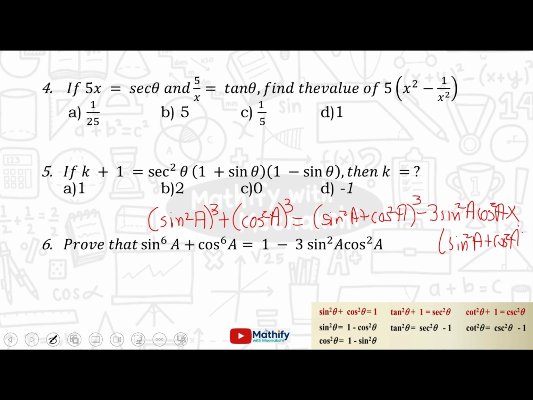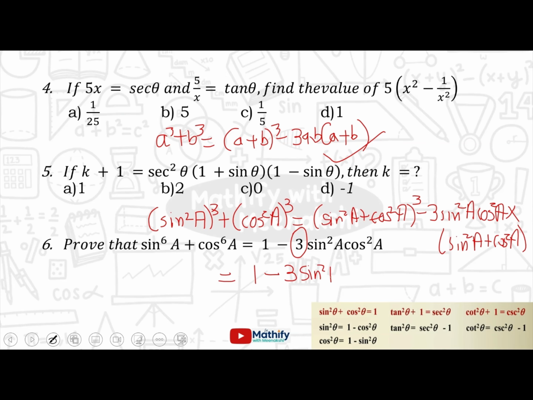I will write that identity again for you: a cube plus b cube is equal to a plus b whole cube minus 3ab into a plus b. So whenever you need 3 in the RHS, just use this identity. Now, what is sine square plus cos square? This is 1 cube, that is 1 only, minus 3 sine square a cos square a into again 1. We can leave that. So we have proved RHS just in one step.